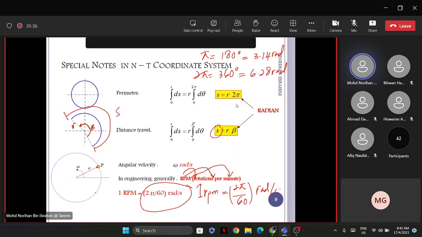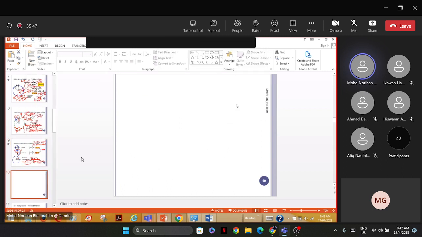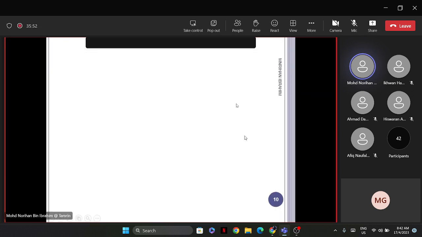Okay. For example, later I will add a slide on how to convert RPM to radian per second.